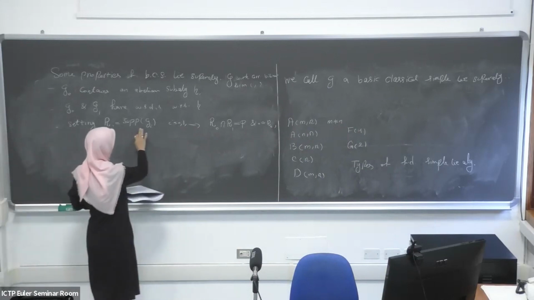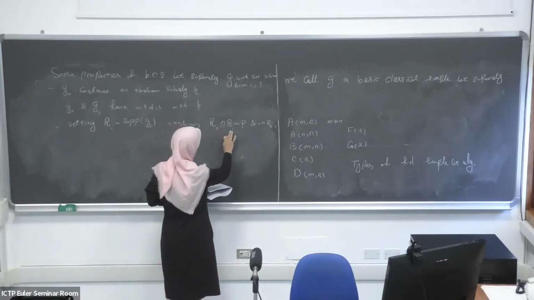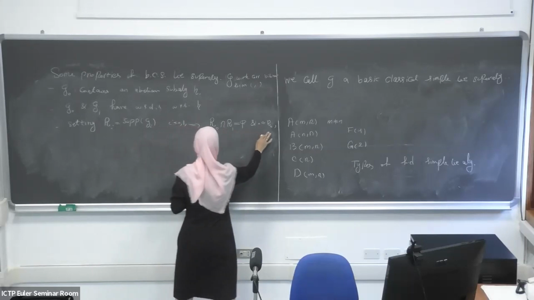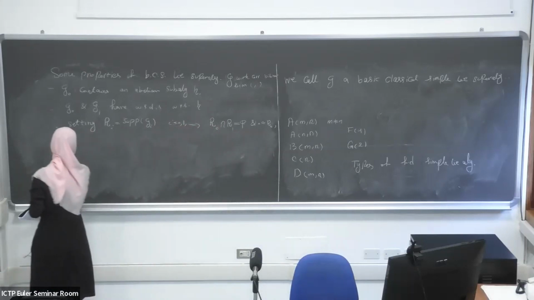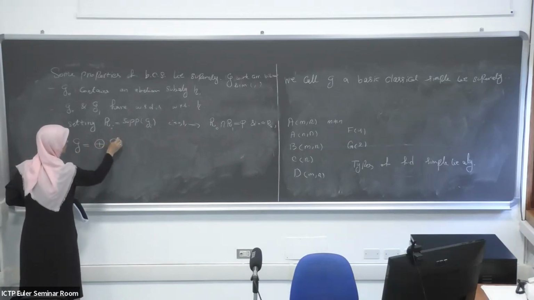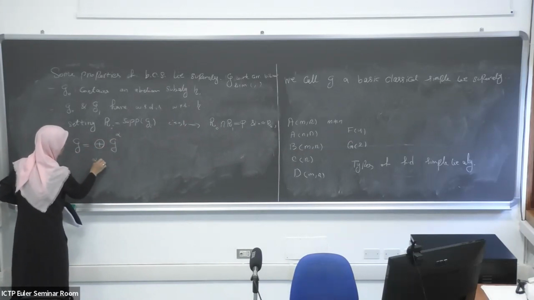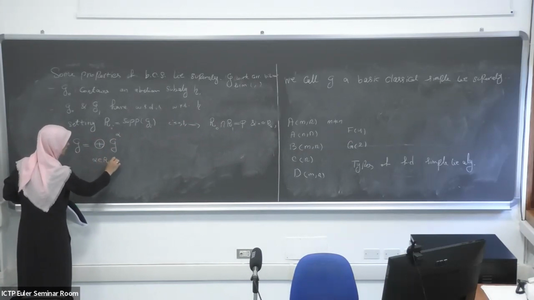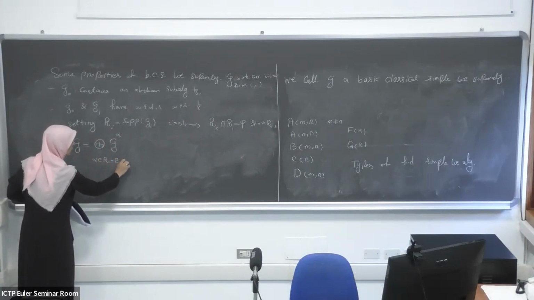Ri is the support of Gi. R0, R1 is empty, and 0 is an element of R0. G equals the direct sum of G alpha where alpha is an element of R, and by R, I mean R0, R1.